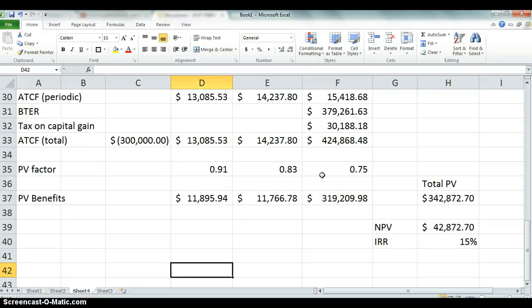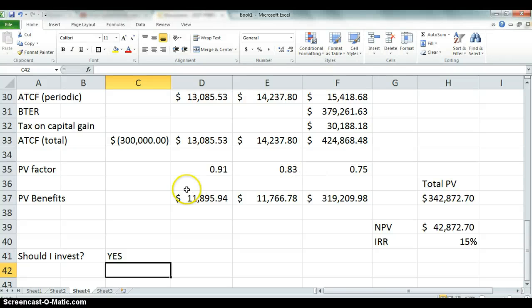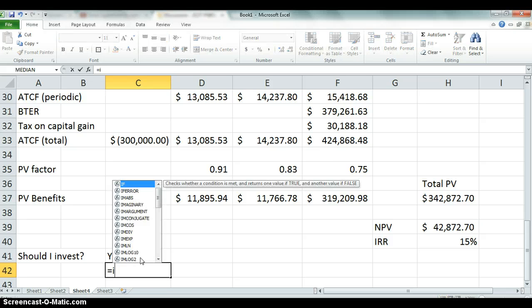In which case we will say, should I invest? Yes, invest. We can also use a function IF.